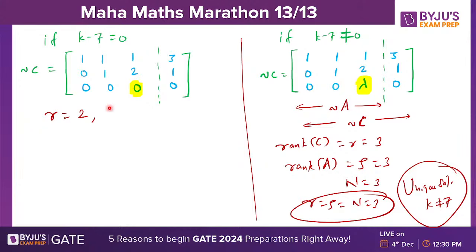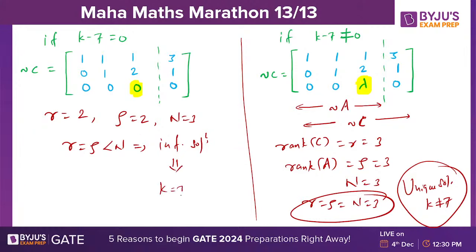So rank of A will be 2. And how many unknowns you have? X, Y, Z, 3 unknowns. R equal to rho, but less than the number of variables. So this represents what? Infinite solutions. For what? For k minus 7 equal to 0. It means k equal to 7.